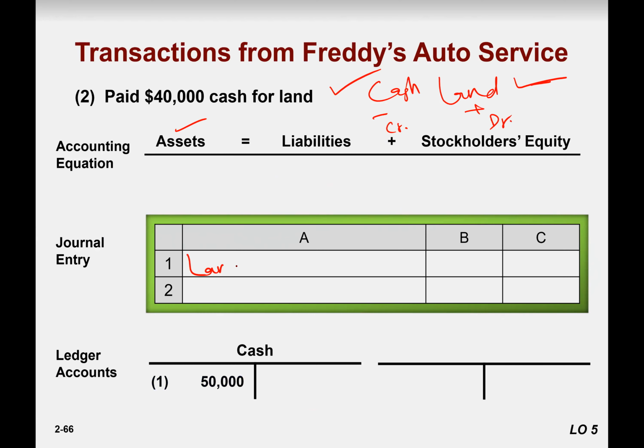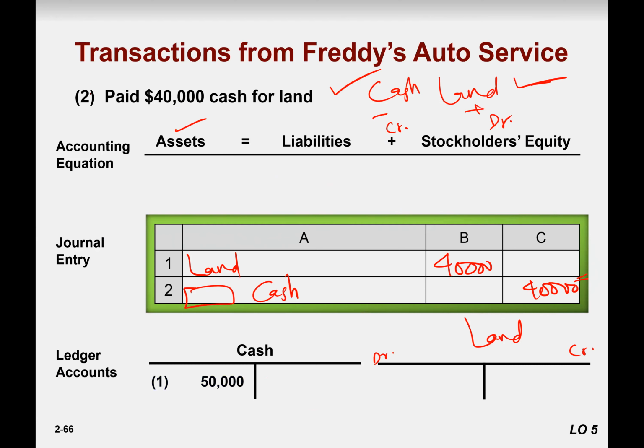Land. You make one tab space here. Land to cash. How much? 40,000. And can you post this entry? Yes, you have to make a land account. This is the credit side, this is the debit side. And how do you post that? In cash, cash is on the credit side, so you write it down here, 40,000.